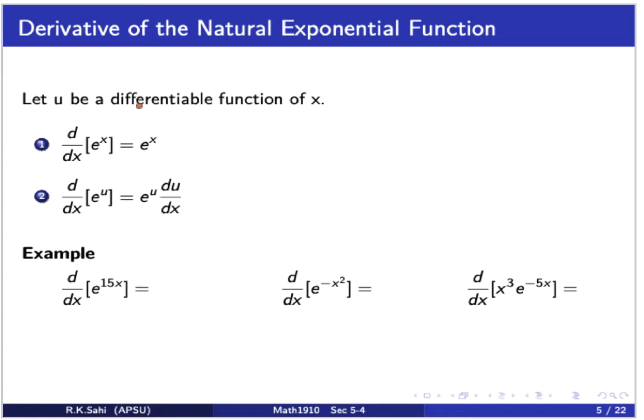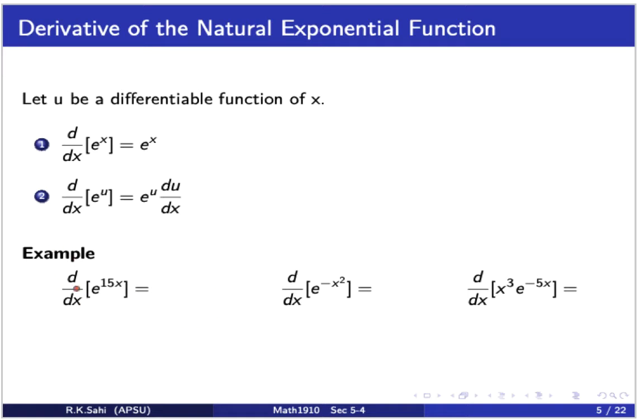And if u is a differentiable function of x, then the differential of e to the power u is e to the power u times the differential of u. Think of this as a chain rule, where the exponential is the outside function and u is the inside function.